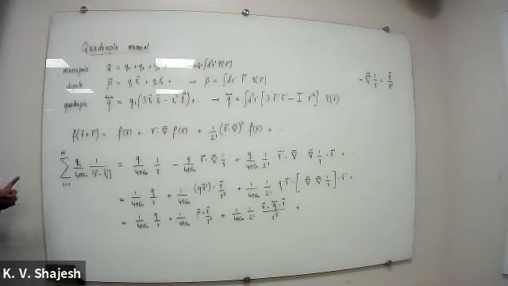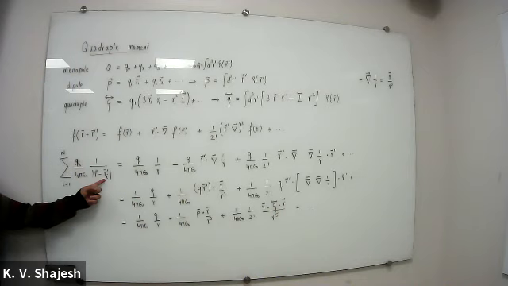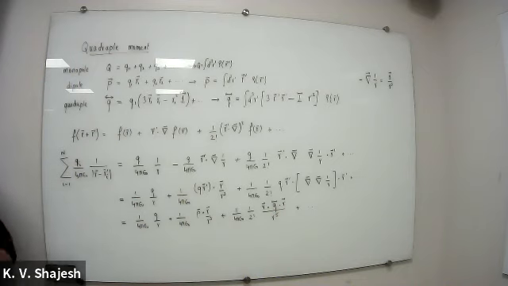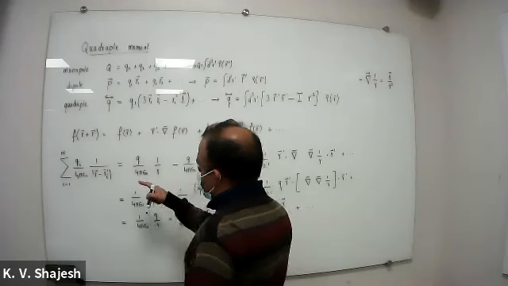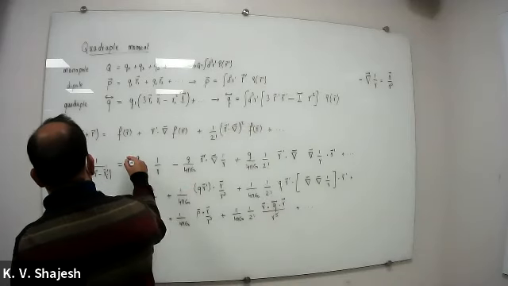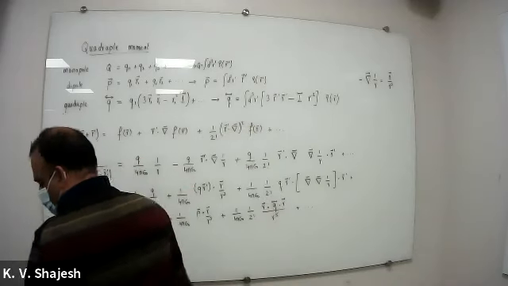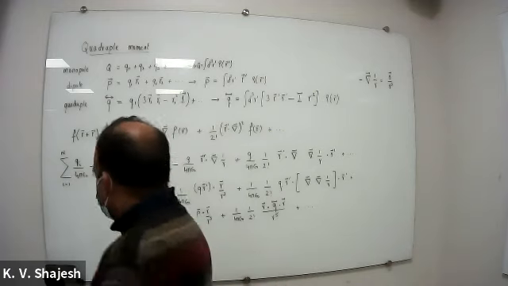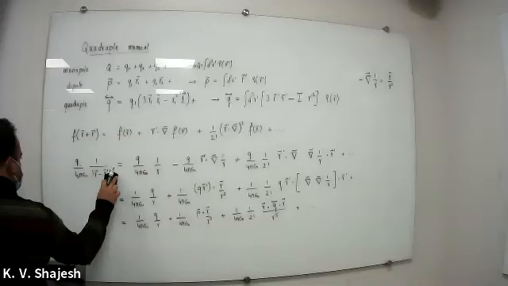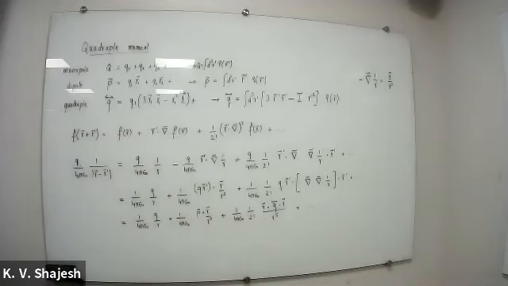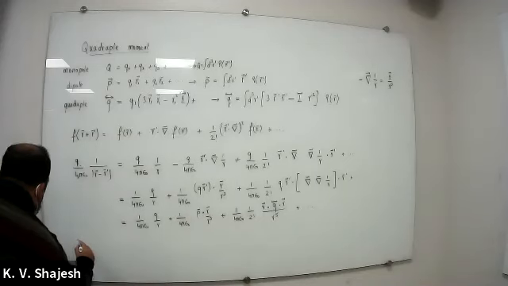For each charge, it has a position r i. And I just have to repeat that whole thing here. So this is a sum. Let me write only the last one instead of repeating everything.